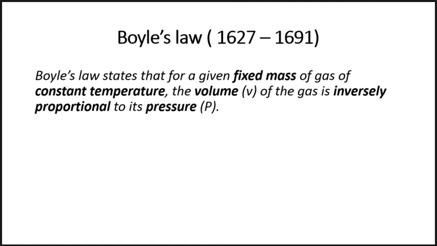So based on this principle, we can mathematically conclude that V, which is the volume, is proportional to 1 over P, inversely proportional to the pressure. I can as well say that PV equals K, that is when I remove the proportionality sign. If I remove the proportionality sign, then I will have a constant coming in. And if I make the constant the subject of the formula, the constant will equal PV.